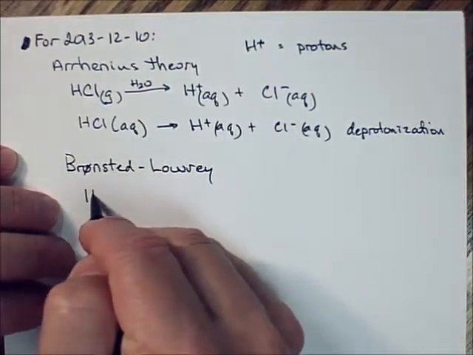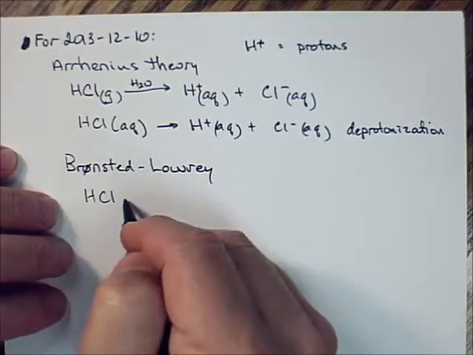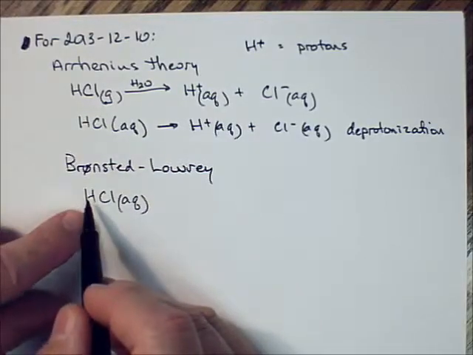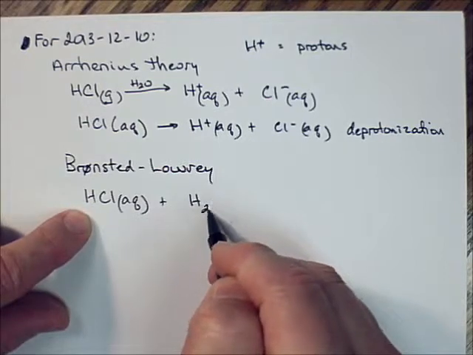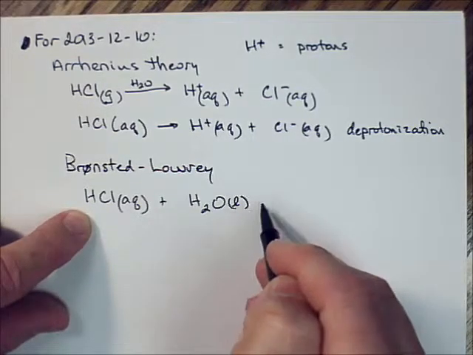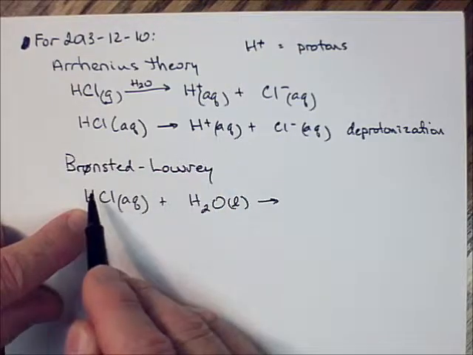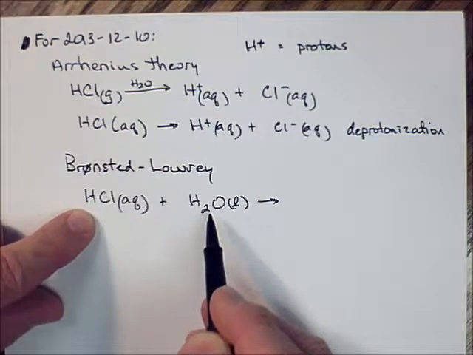So in the Bronsted-Lowry theory, we would take the hydrogen chloride, take the hydrogen off of it and join it up with a water molecule.